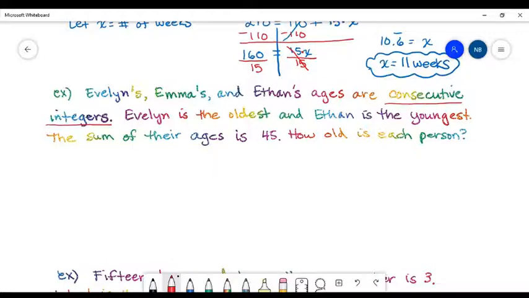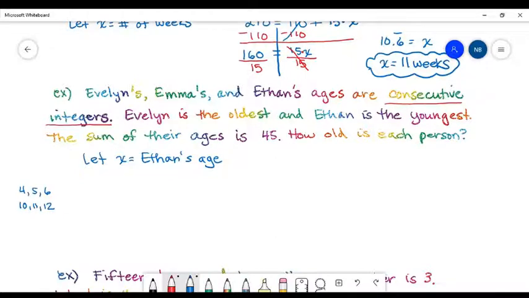All right, well, we need to let X equal one of the person's ages. So I'm going to go with Ethan because he's the youngest. So I'm going to let X equal Ethan's age. Now, consecutive integers are things like 4, 5, and 6, or 10, 11, and 12.